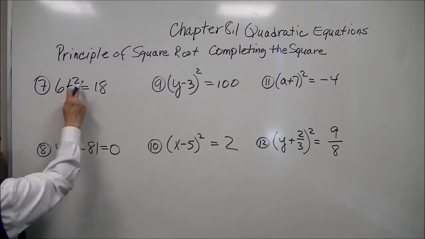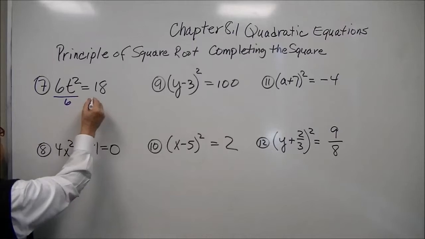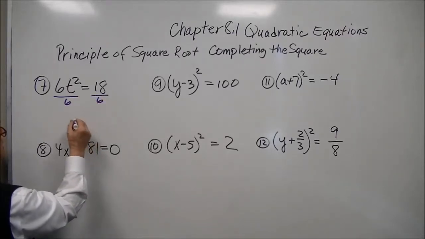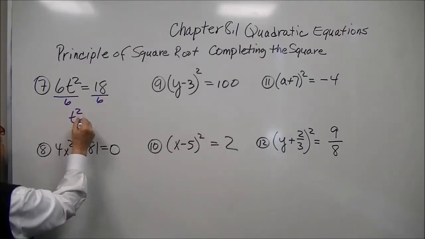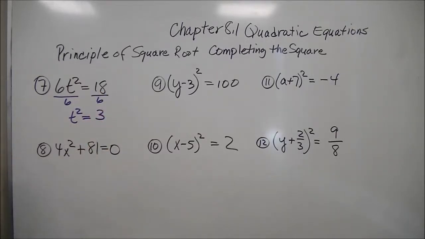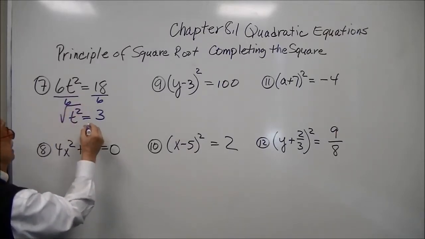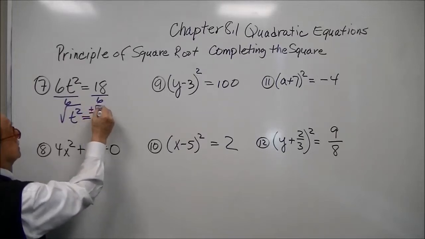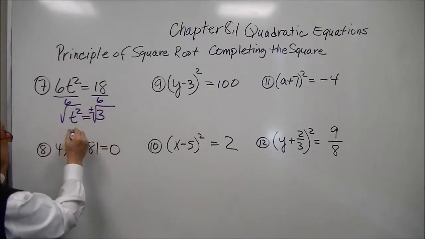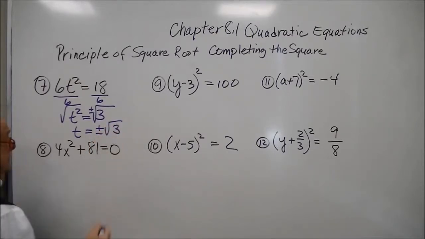So we want to isolate the t-squared by dividing both sides by 6. We then get t-squared equals 3. As I showed you earlier, you take the square root of this side and then plus or minus the square root of that side. So you get t equals plus or minus the square root of 3. And it's just that easy.